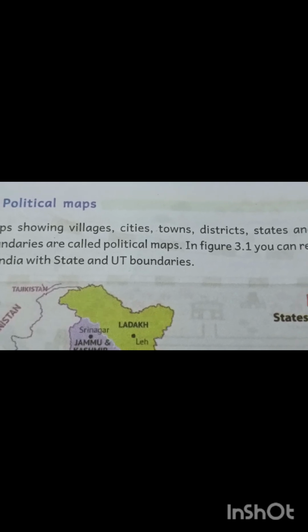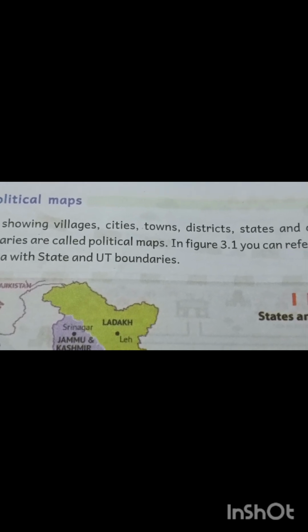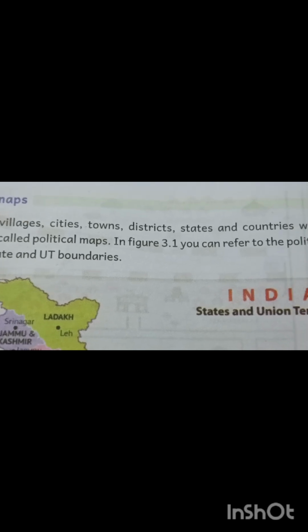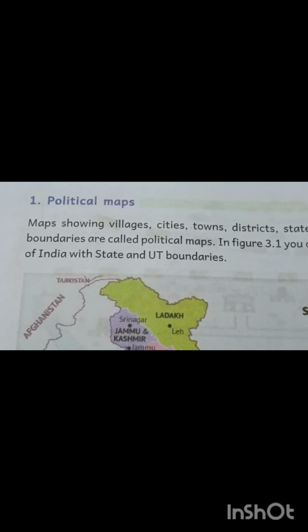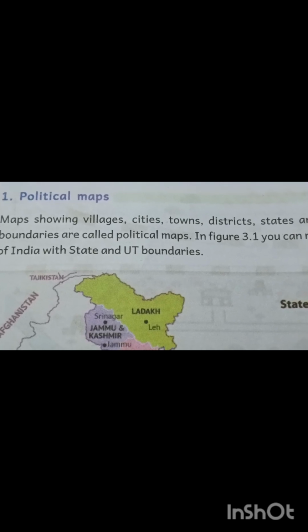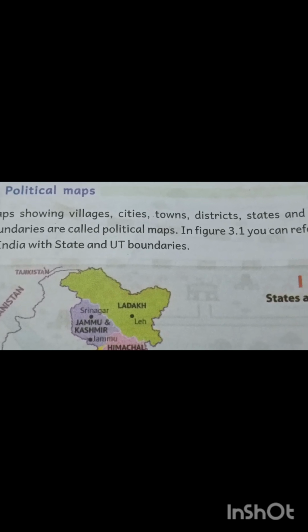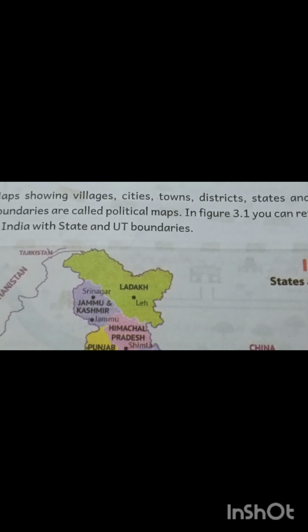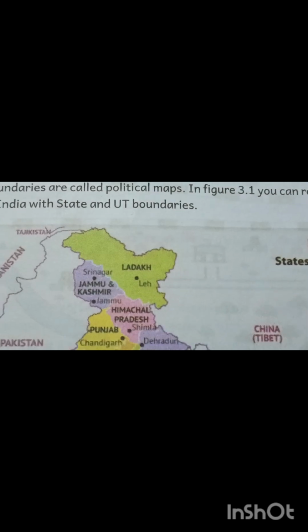In figure 3.1, we can refer to the political map of India with state and UT boundaries. Indian states and union territories.